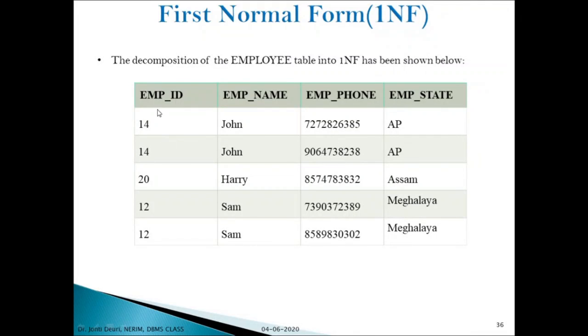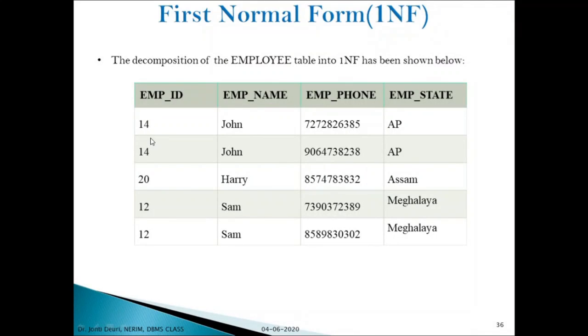Here the employee ID is the same, the name is the same, the state is also the same, but he has a different phone number. So now we have inserted again, and this table is now in the first normal form. You can see there is no multi-valued attribute. Each attribute has only one value.